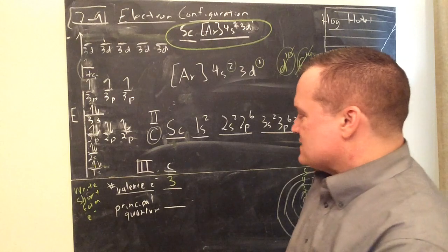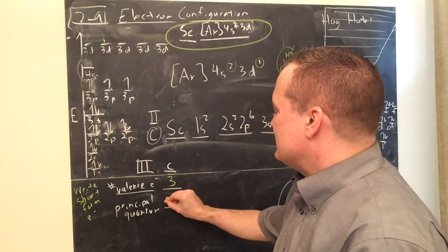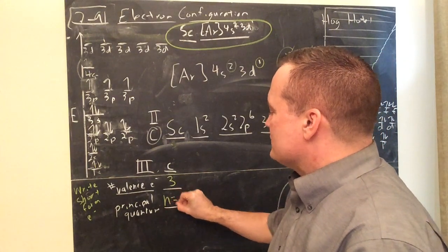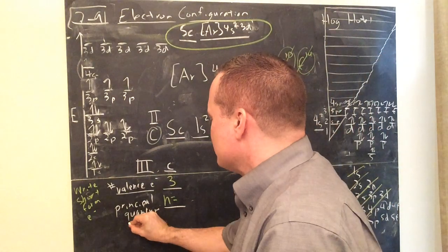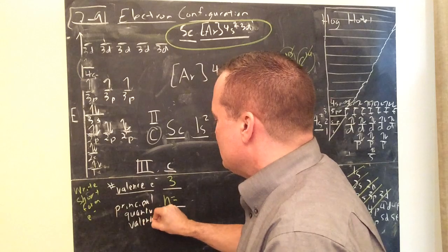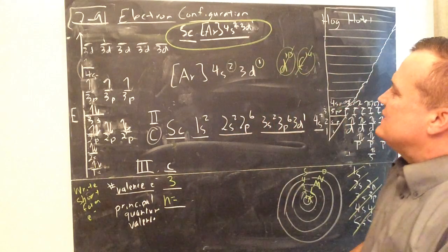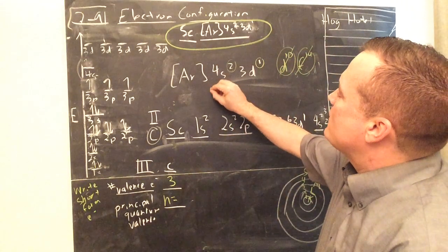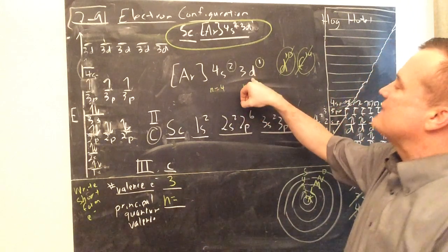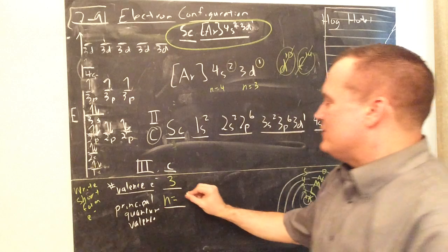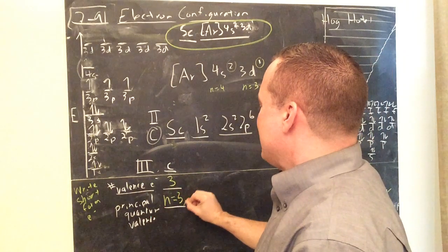The principal is the hotel floor location, so it'll be N equals. The principal quantum number for the valence electrons of scandium is found at level N equals 4 and N equals 3. So some are on level 3 and some are on level 4 of Hog Hotel.